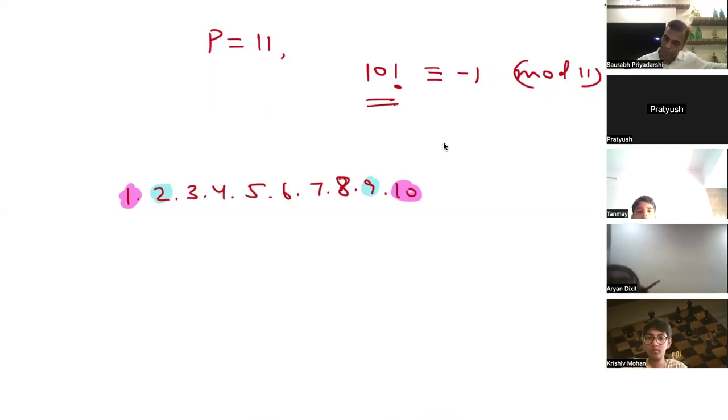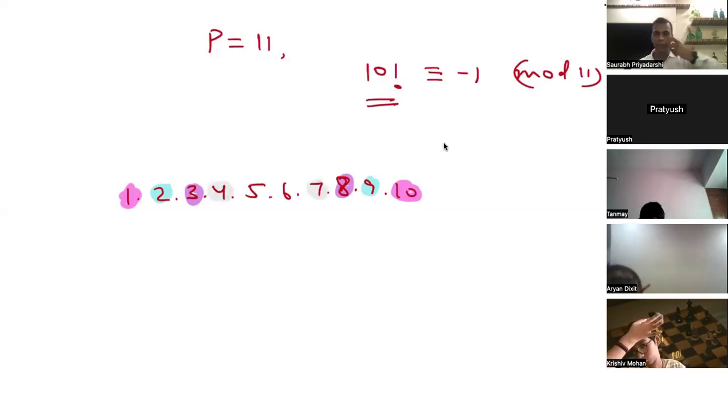And when this is combining, 3 combined with 8 gives minus 3, and likewise 4 with 7 and 5 with 6.